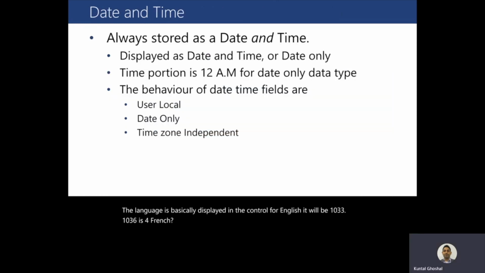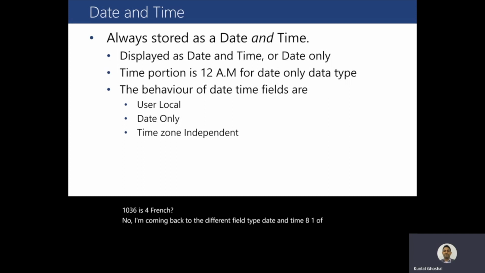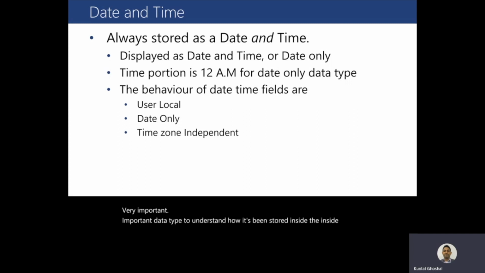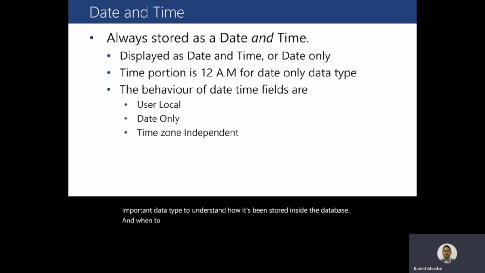Now, coming back to the different field types, date and time is one of the very important data types to understand, how it's stored inside the database and when to use what.